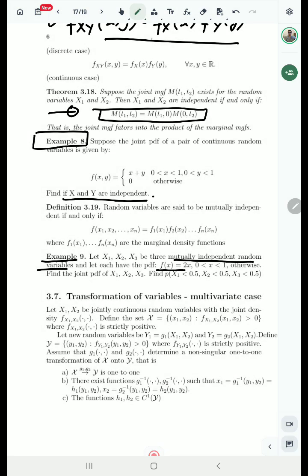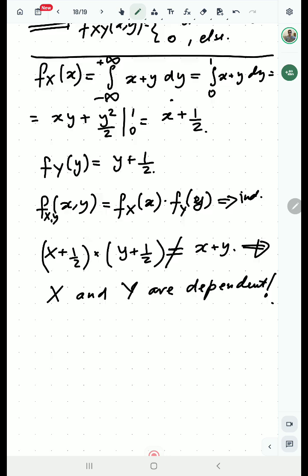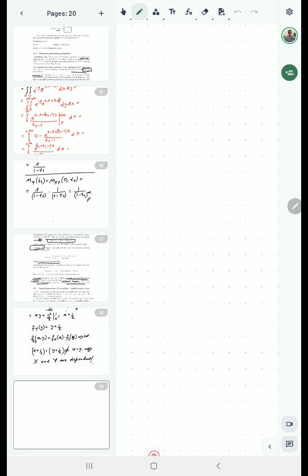Each of them has this kind of probability density function, and all of them are defined within the 0-1 interval. That's a really easy case. Now we have to find the joint PDF, which is simple, and then we have to calculate this probability.